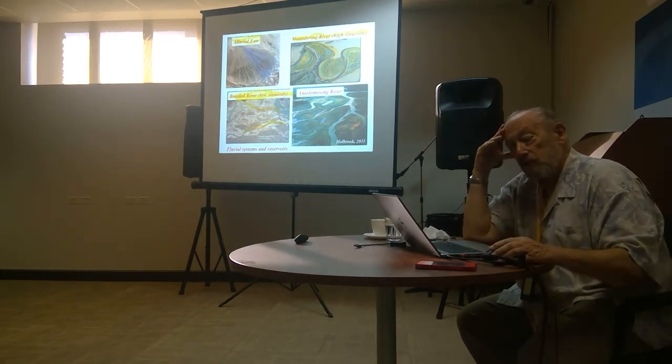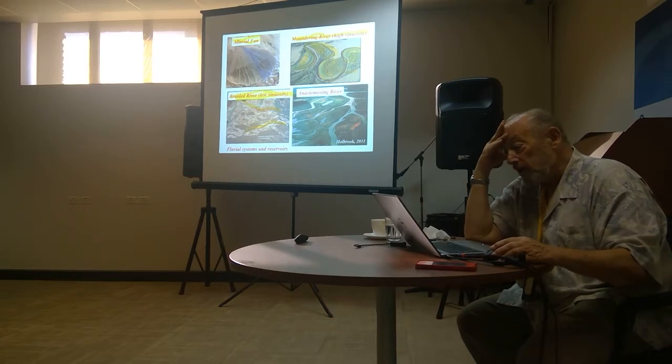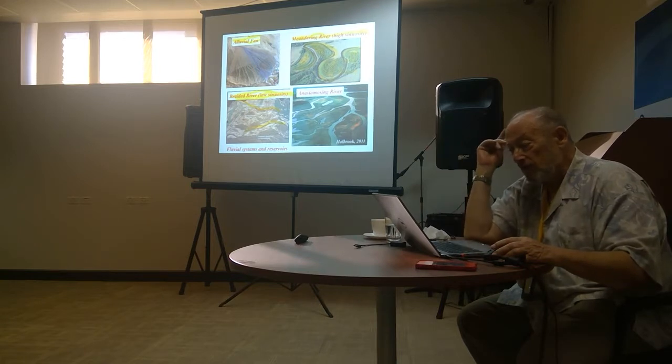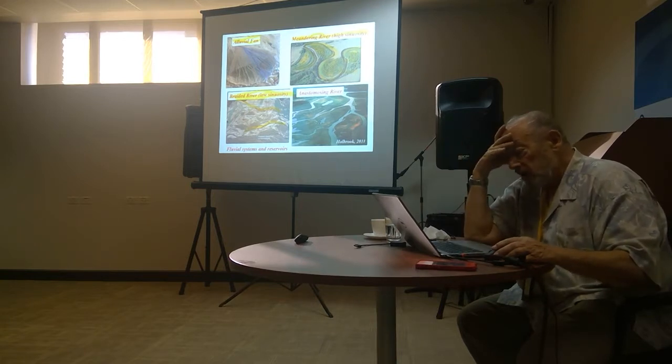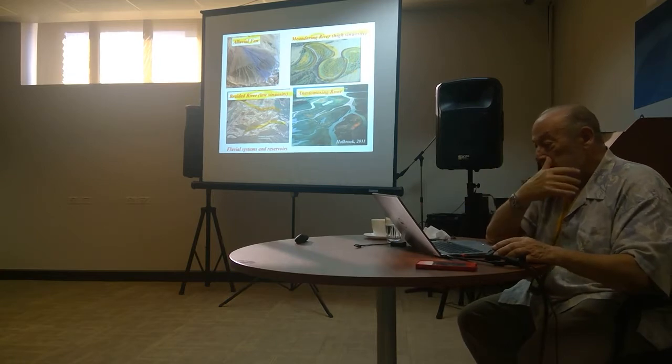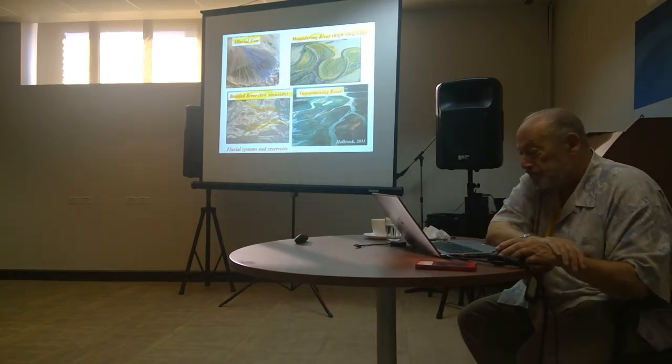And so you have to drill a lot of wells, or you may try to drill horizontal wells to get through those mud plugs. And I'll show you pictures of all of this. And then intermediate between meandering and braided is what we call anastomosing river. I'm not going to talk much about those.